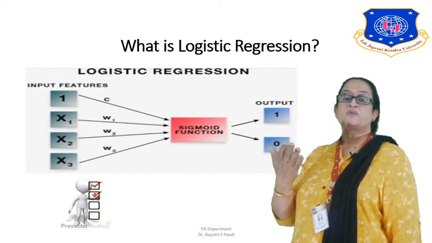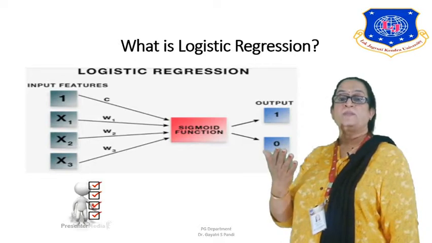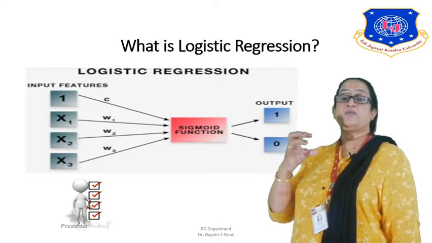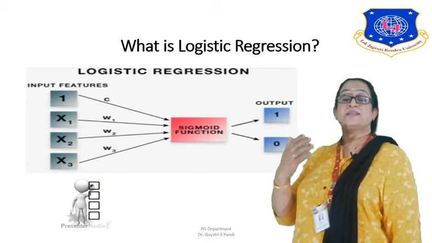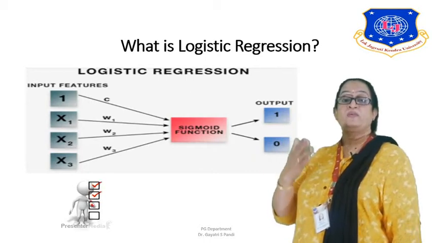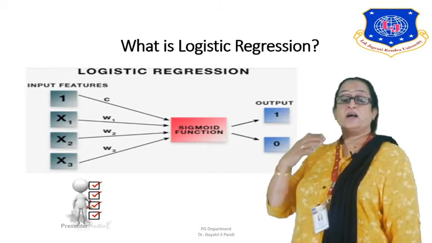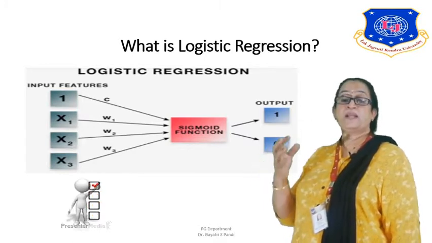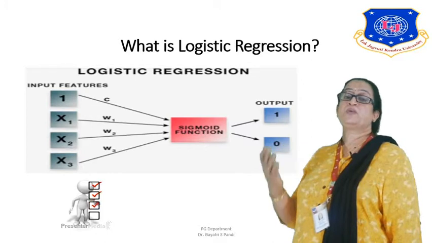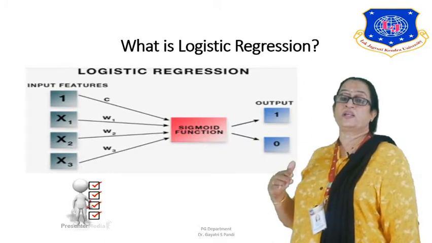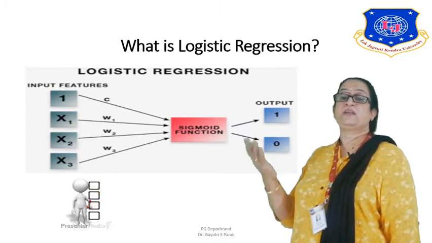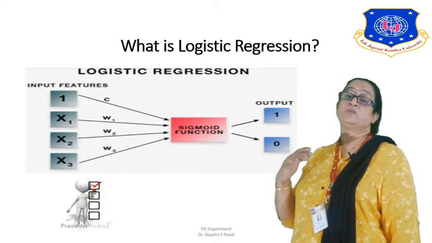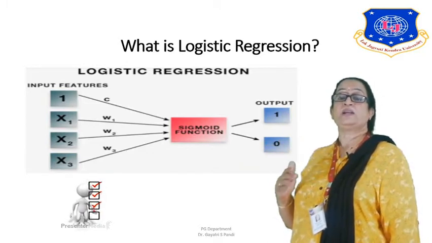Input values could be something like the location of the tumor, the density, how cells are spread, and the size of the tumor. These could be the input features to the sigmoid function or the logistic regression or the classifier. Based on those features, it will produce the output as 1 or 0. That means 1 would mean the cells are cancerous or the tumor is cancerous, and 0 would mean it is non-cancerous.